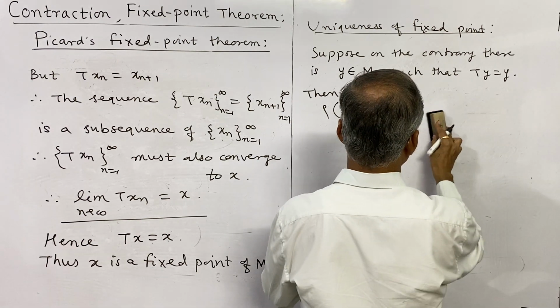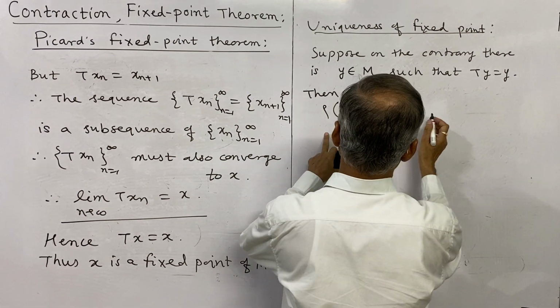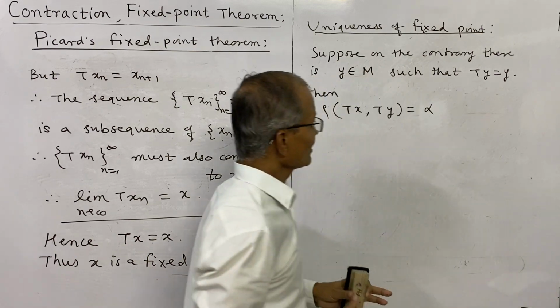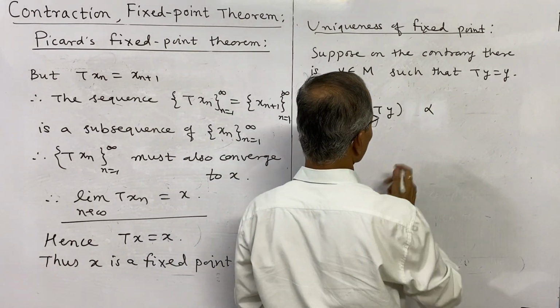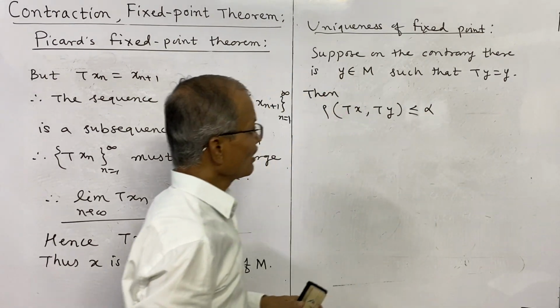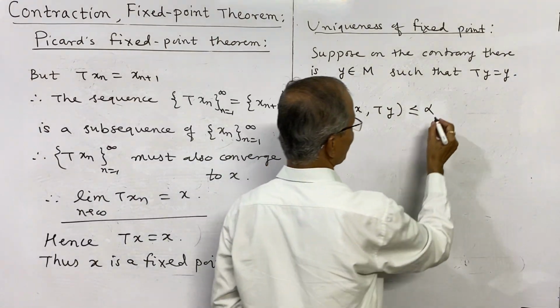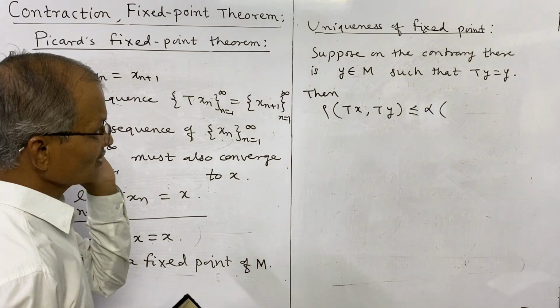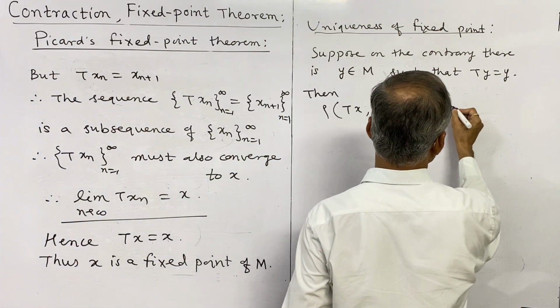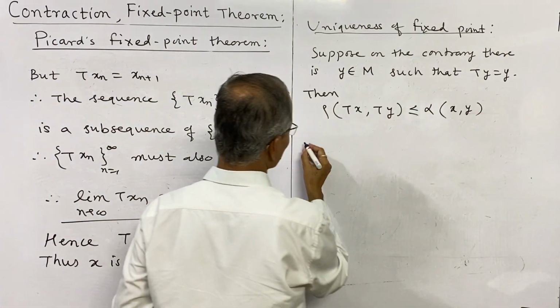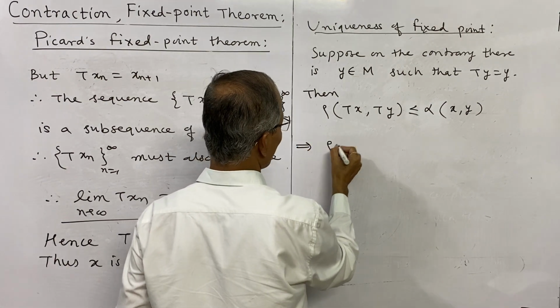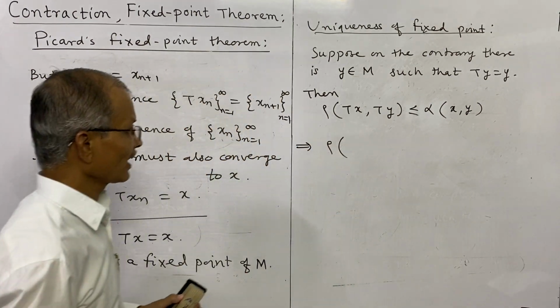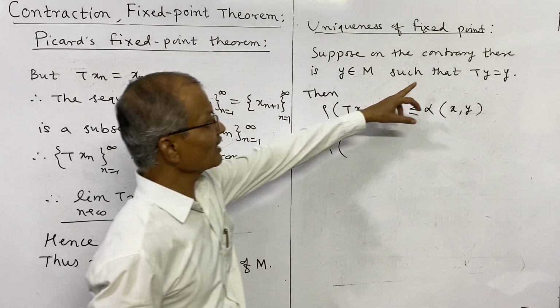But before that, by definition of contraction, this will be less than or equal to alpha times rho of x and y. But this implies, see what Tx is, x, and what Ty is, y.